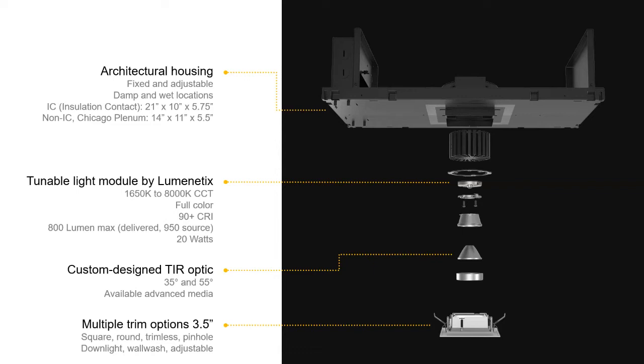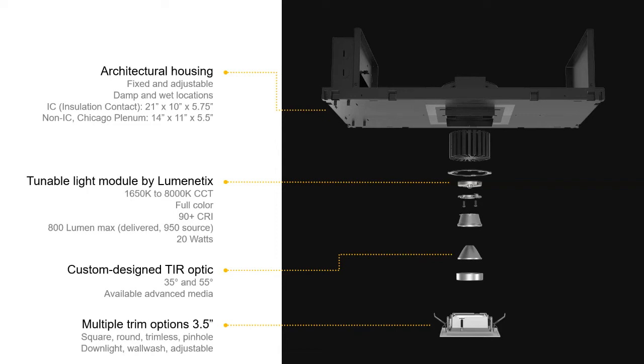TIR optics with beam spread options of 35 and 55 degrees. Optics are field changeable. Available media lenses including frosted, perimeter frosted, elongating, softening, and honeycomb. Trim options for fixed, adjustable, pinhole, and wall wash.